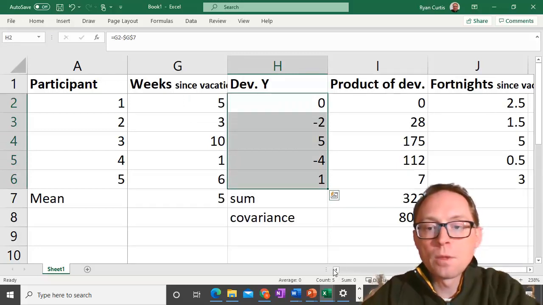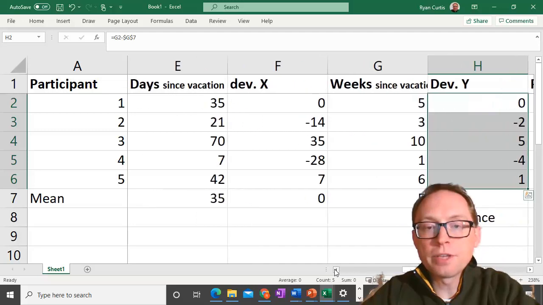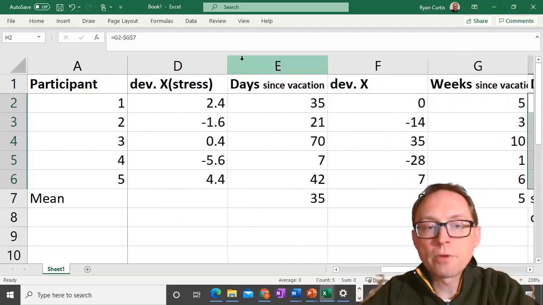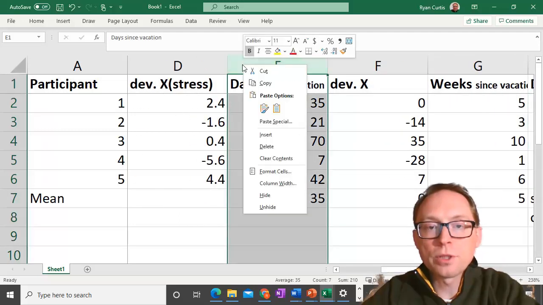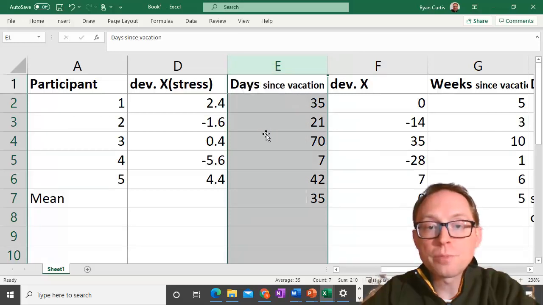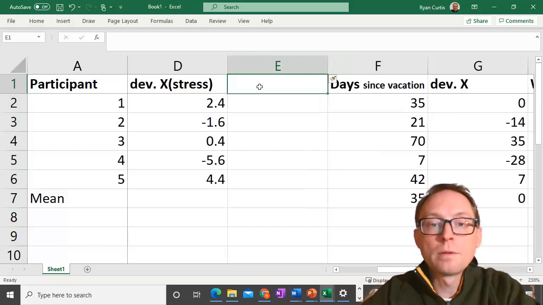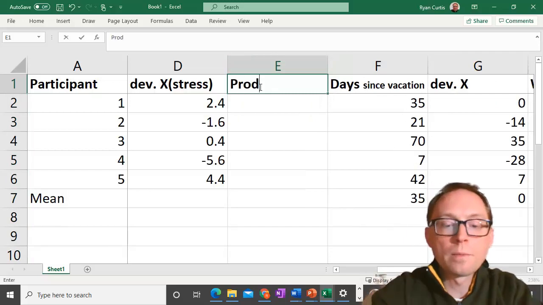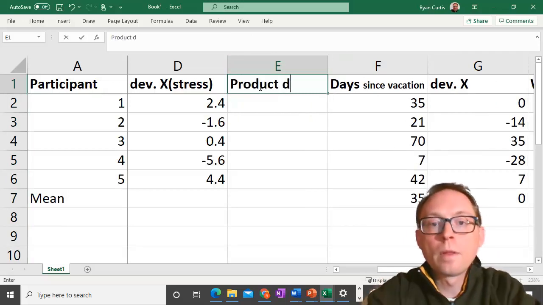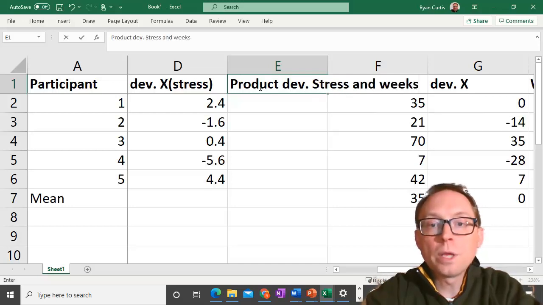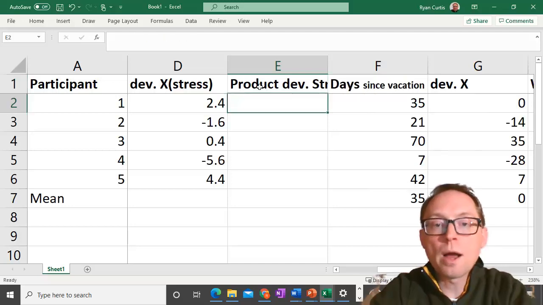But now we need a product of the deviations. I'll move it back over here by stress so that it looks the same. So this is going to be the product of each of the deviations for each of the people. So each person is the product of the deviation of stress and weeks. Stress is going to be X, weeks is going to be Y. Here it goes.